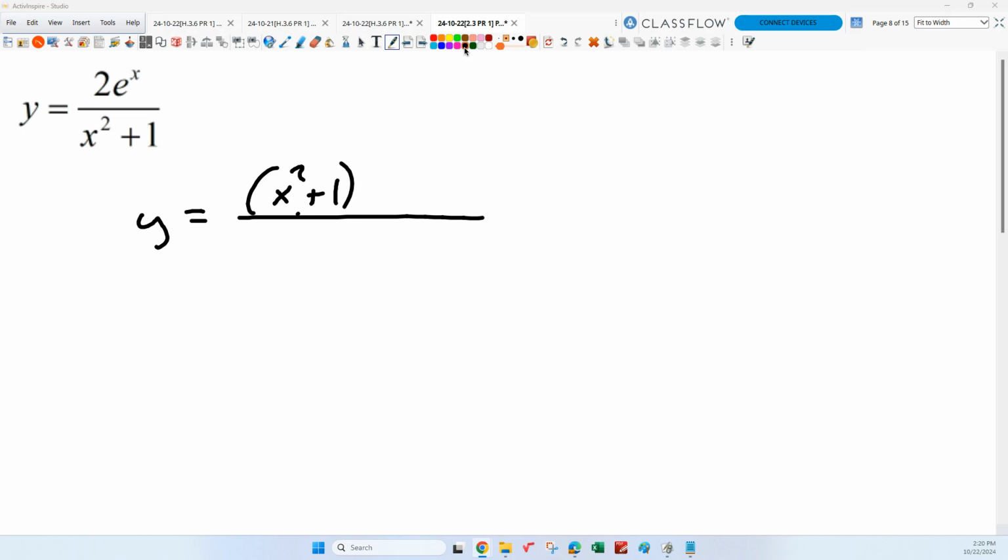Okay, so low d high, right? There's low. 2x. Mason, what's d high? We're doing our derivative quotient rule here. So low d high, what's d high? What's the derivative of 2e to the x? What's the derivative of e to the x? Okay, so the derivative of 2e to the x is 2e to the x, right?